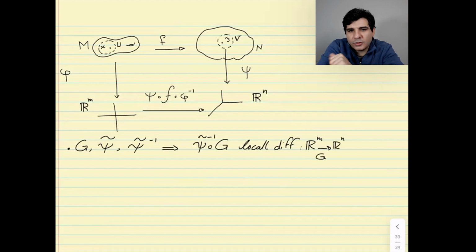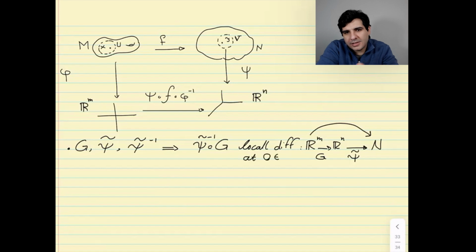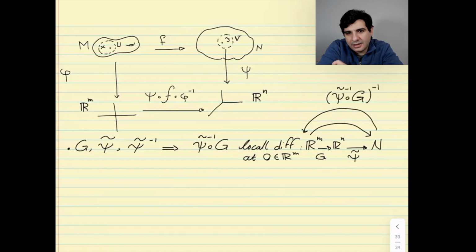G takes Rm to Rn. Psi tilde inverse is a map from Rn to n. So psi tilde inverse OG is a map from Rm to n, and a local diffeomorphism at 0. So if you look at psi tilde inverse OG inverse, it's a local diffeomorphism at y from n to Rm.